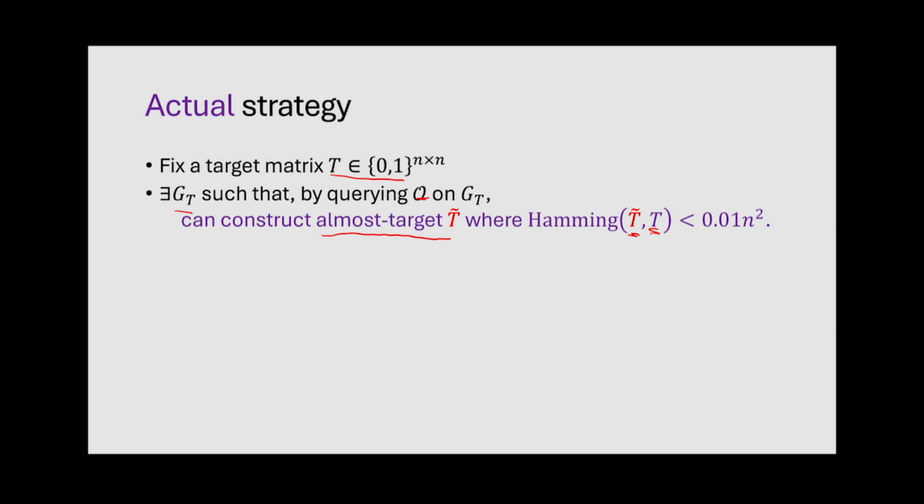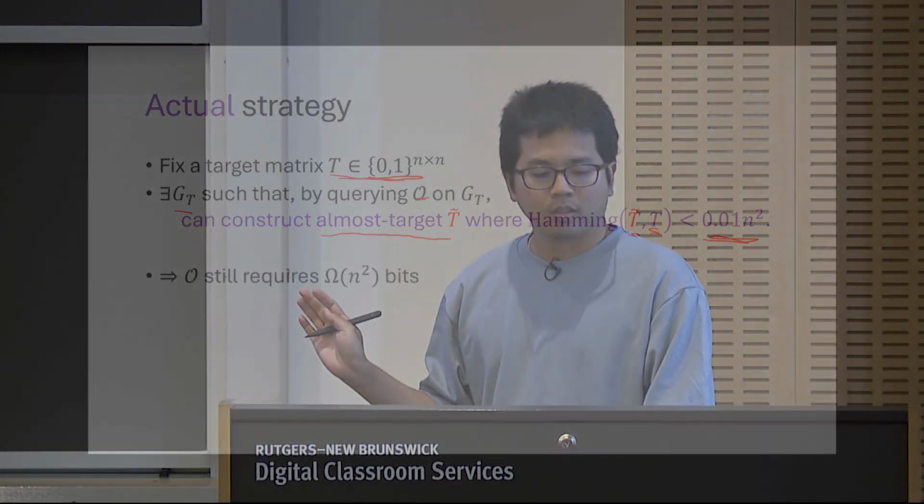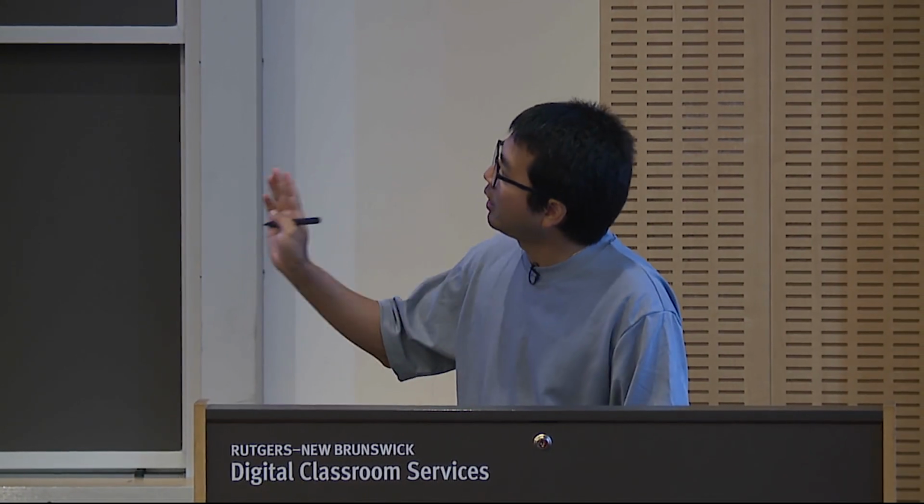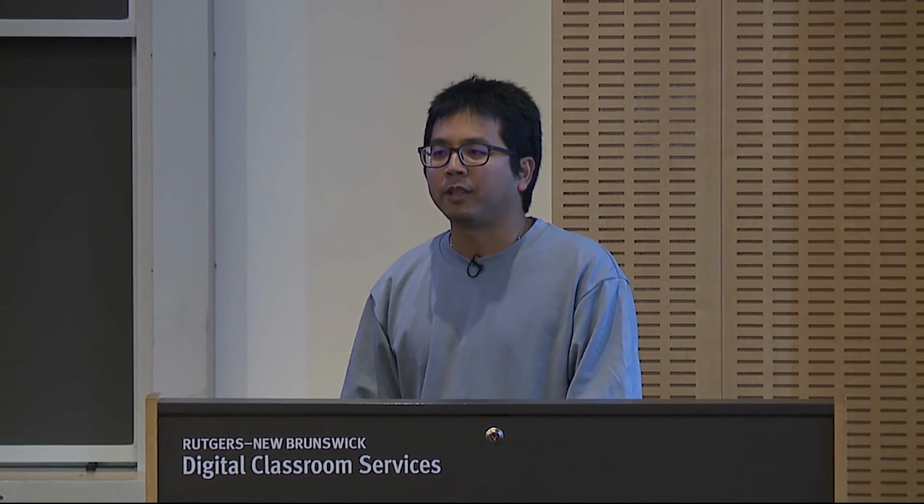So T tilde is basically T up to this many entries. And if we have this, we are done too. We can still say that on some graph, the oracle still needs to spend n squared space.